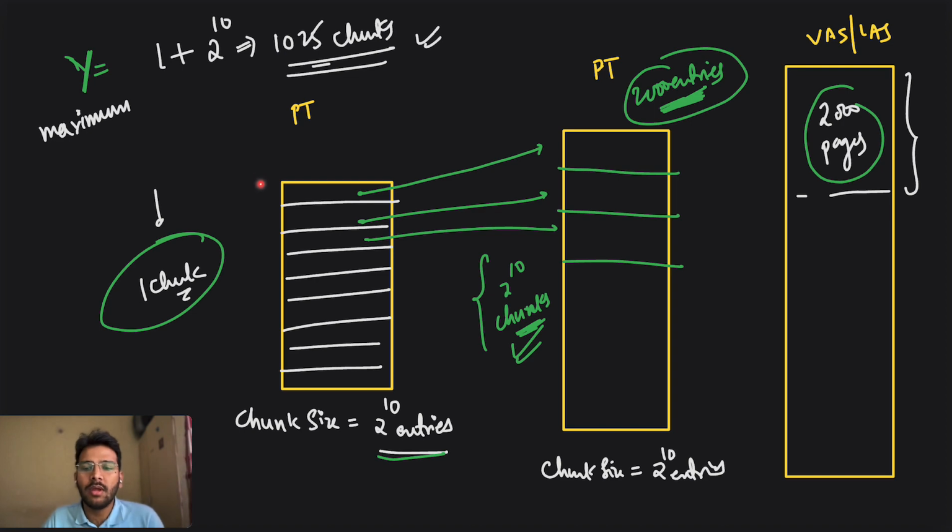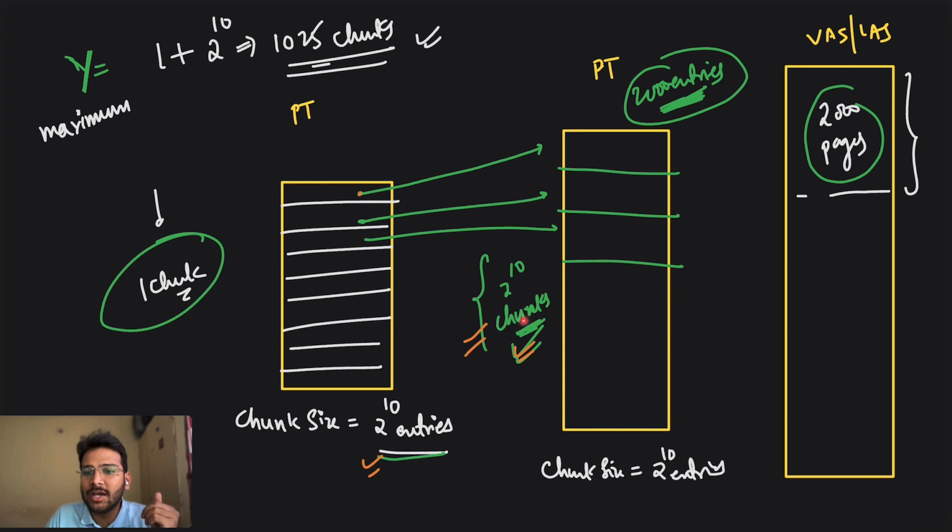What about the maximum? If I want the maximum, definitely I have to use all the chunks present in the innermost level. That means all these 2000 entries are spread over the entire page table. So if I have to utilize all the chunks, I know these 2 raised to power 10 entries are there, and every entry here is pointing to one chunk. That means 2 raised to power 10 chunks would be the maximum.